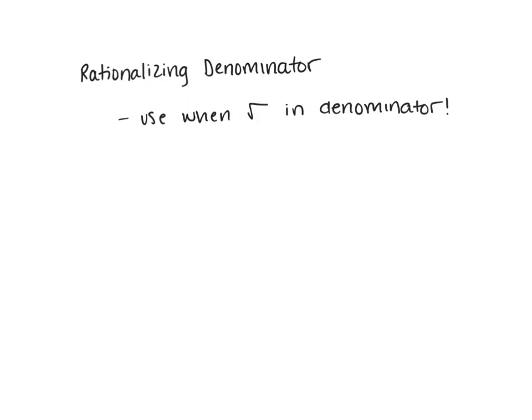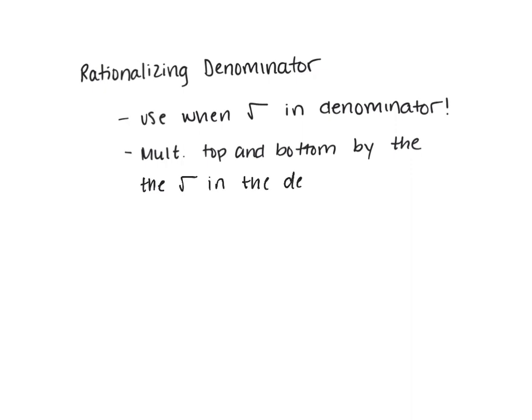And what are we doing? We are multiplying top and bottom by the denominator itself, or by the radical in the denominator. Okay, and then last but not least, we're going to simplify.